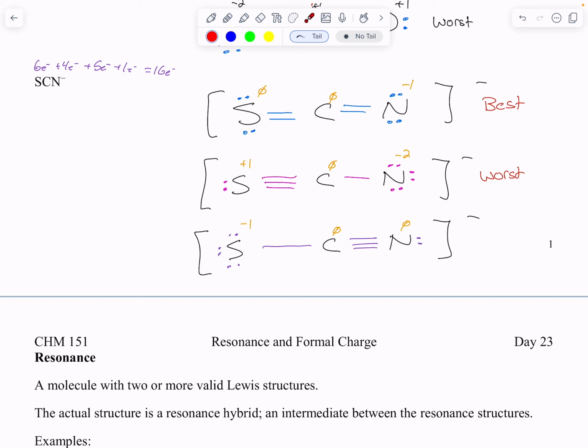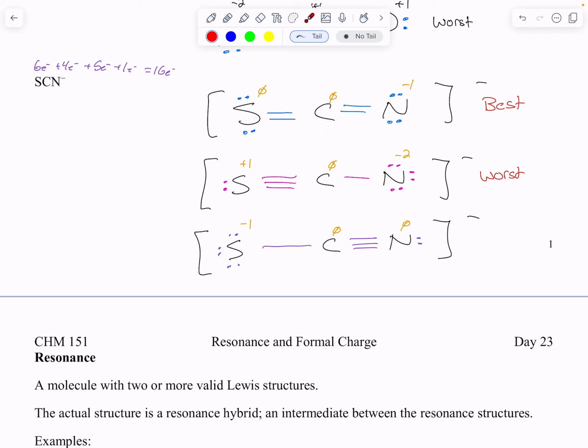See how the electrons, I have 2 double bonds on each side, then I have a triple bond and a single bond? And if you look, you've got two lone pairs versus 1 lone pair versus 3 lone pairs. The electrons are moving around. We can move the electrons around, but we're not moving where S, C, and N are. They're all in the fixed position.